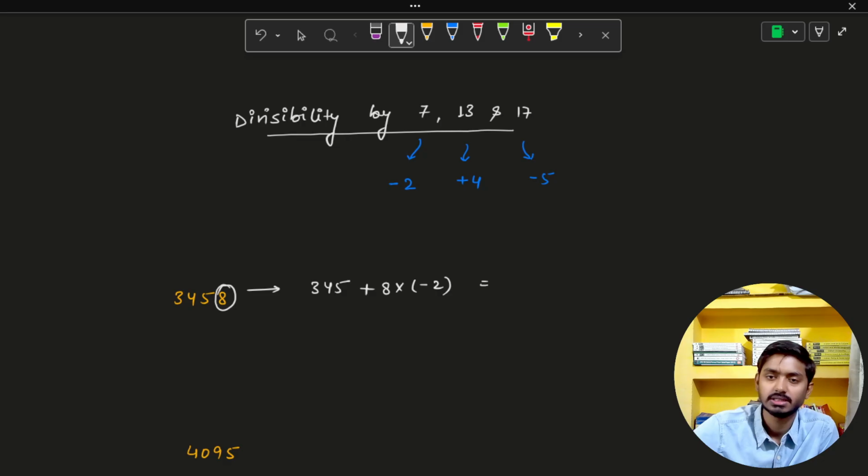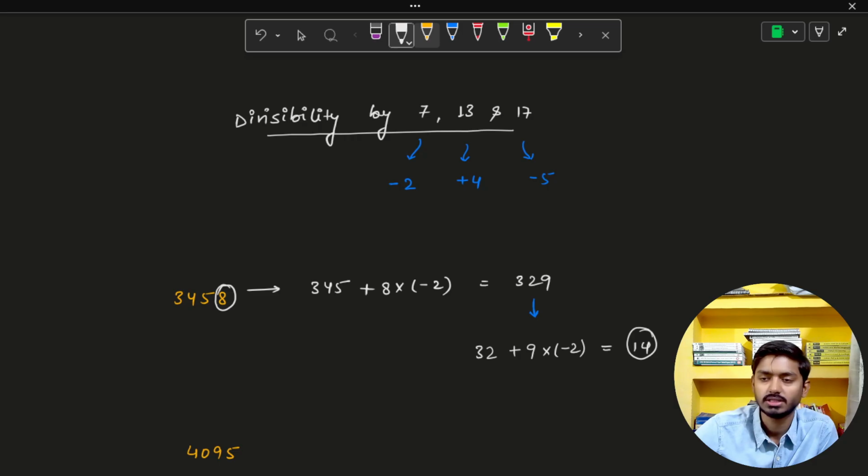That is subtraction of 16, that would be 329. Now we again remove the last digit and we write 32 plus 9, and we multiply it by the modifier again, that is subtraction of 18, which gives you 14.